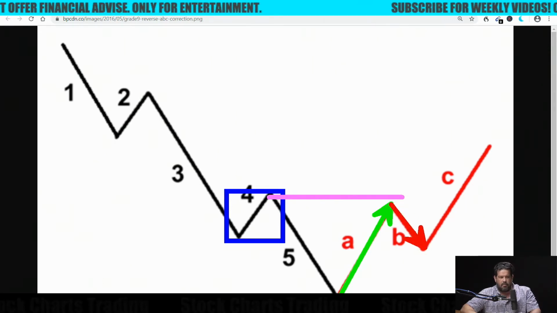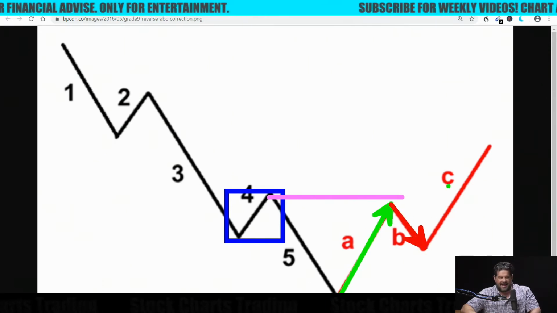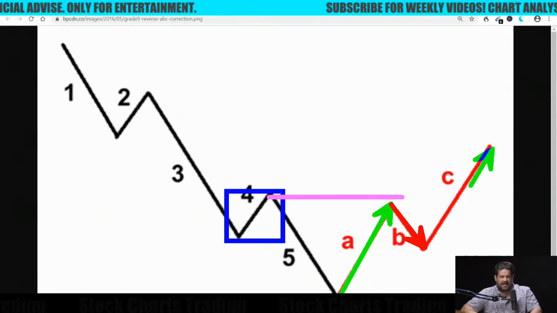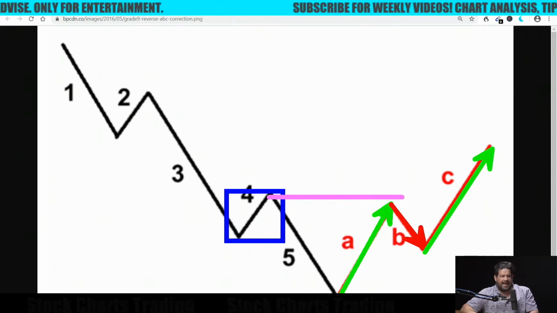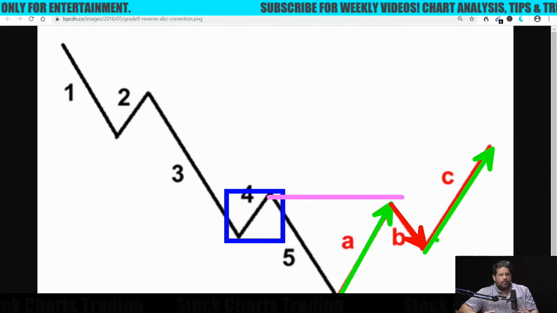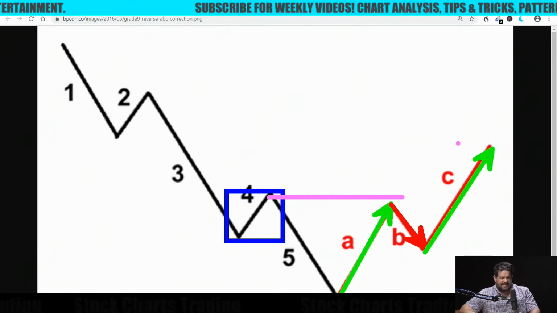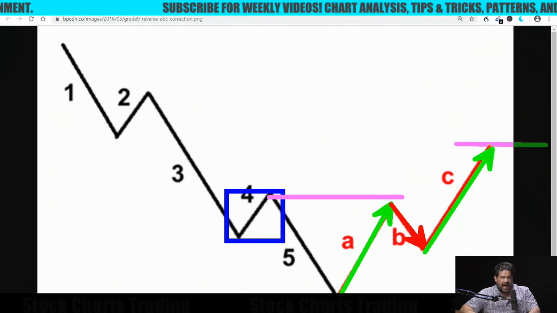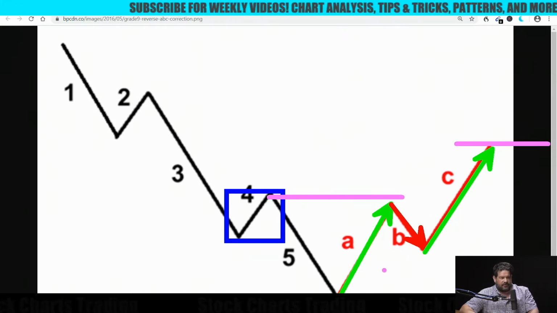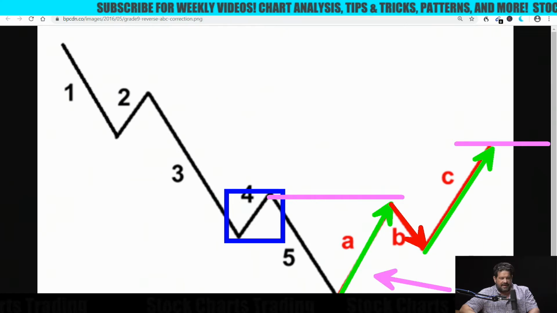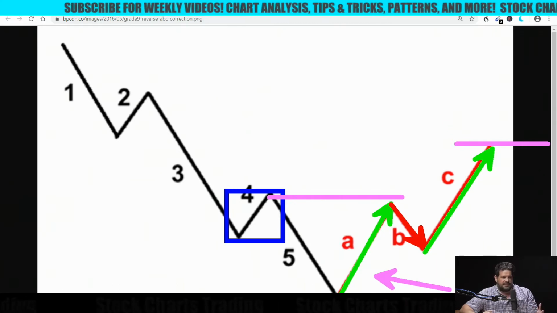You have a little pullback, and then your C leg is the exact same size as your A to B leg. And now here's where the consideration comes in. If it is the exact same size as your A to B leg, the first leg right here, then you know you have an ABCD pattern.